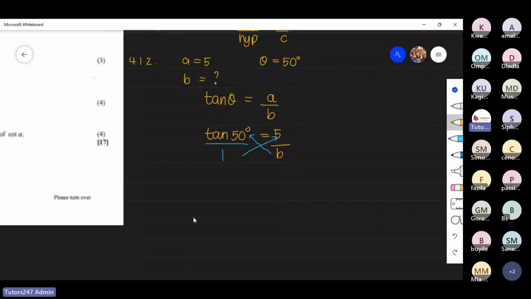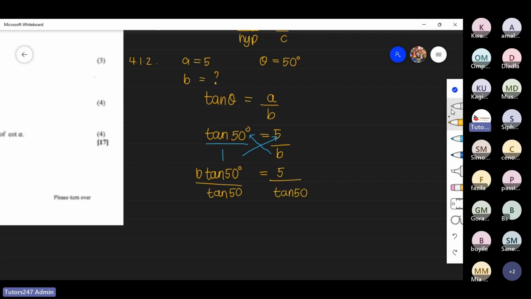So we cross multiply. That is then going to become B times tan theta, which is B tan of 50 degrees, and 1 times 5, that will remain 5. From here, we need to isolate B. We need to get rid of anything that is not B. So we divide by what is not B, which in this case is tan of 50.